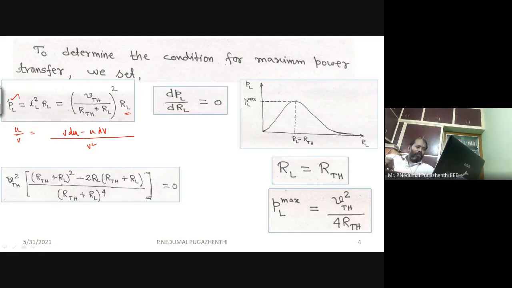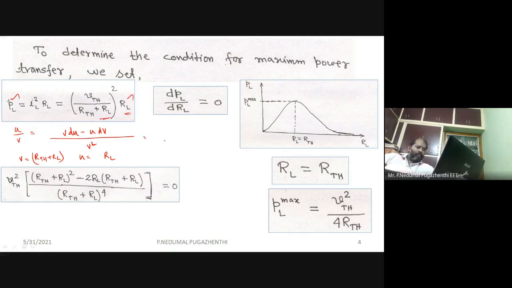U by V, where the variable is available both in the numerator as well as the denominator. You will write it like V squared divided by, V du minus U dV. What is V here? V is equal to R Thevenin plus RL. What is U here? RL, which is there in the numerator. So I will apply that.